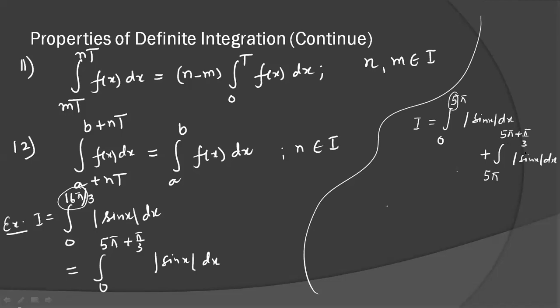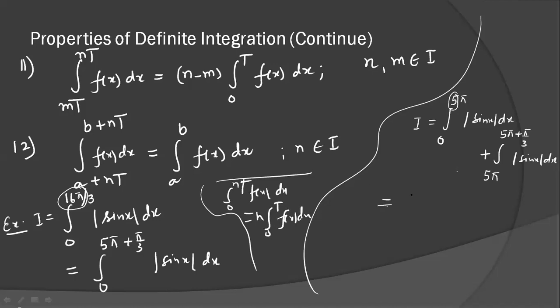And 5 pi plus pi by 3 is nothing else but 16 pi by 3. Now use property 9: integral 0 to nT of f(x) dx is equal to n times integral 0 to T of f(x) dx, where n is an integer and T is the period. Here the period is pi and n is an integer, so it will be 5 times integral 0 to pi of mod sin x dx.